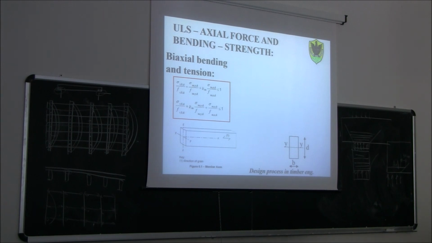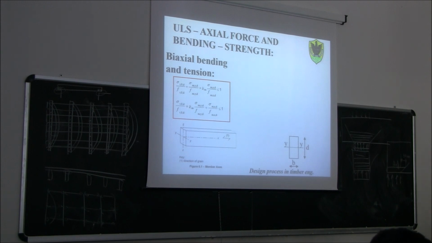Then, if we had also tension, we would have to add another sigma given by the tensile force divided by the area to those other two components. And then we would have just checked that the sum is less than the permissible strength. In this case, we cannot do that anymore. Why? Because we have different bending strength and different tensile strength. If you remember, for timber, the tensile strength is lower than the bending strength. So the only way we can take into account this difference is to use a ratio.